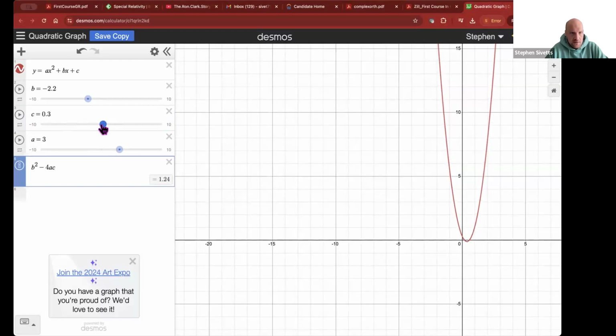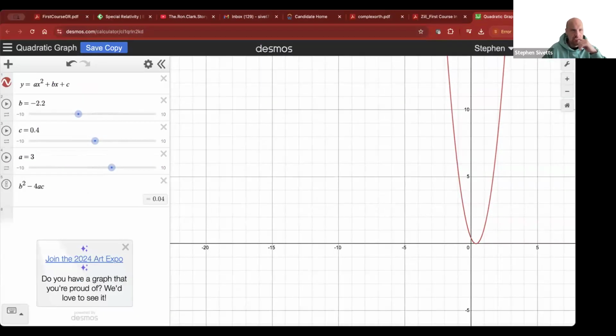Okay, so about 0.41. If you let that be c, you'll eventually get b squared minus 4ac equal to 0, right? And you'll have one repeated root in the quadratic equation.